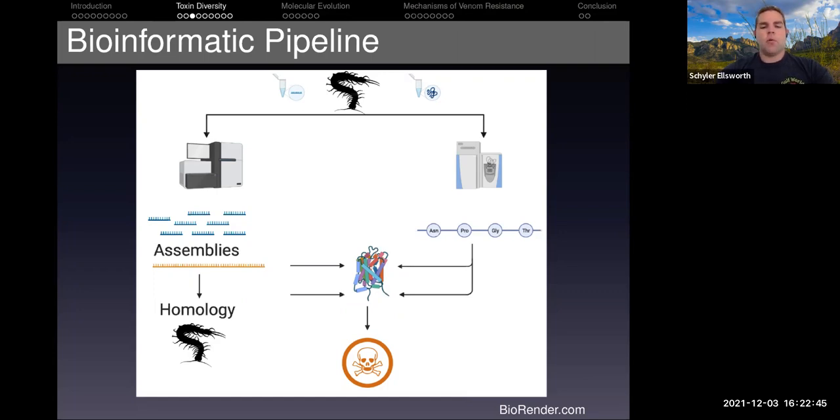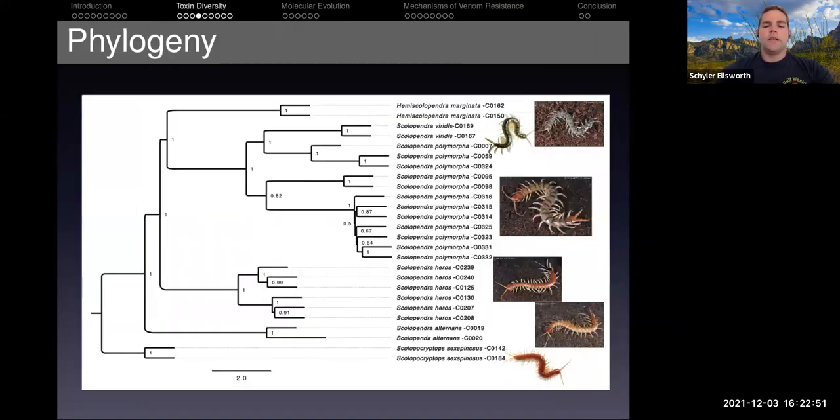So the first thing I wanted to do was see how closely these species are related. I isolated around 700 different non-toxin sequences from the transcriptome using the BUSCO program, and generated this phylogeny with those sequences.